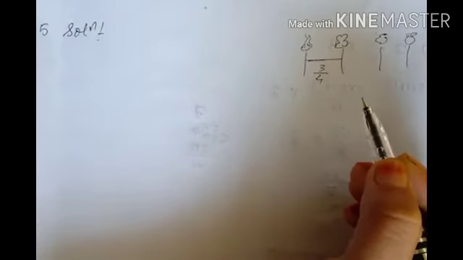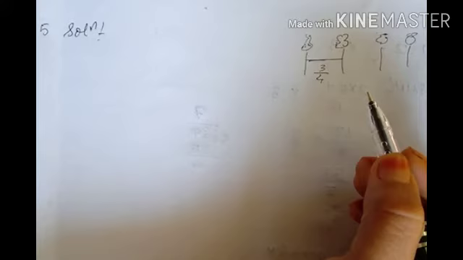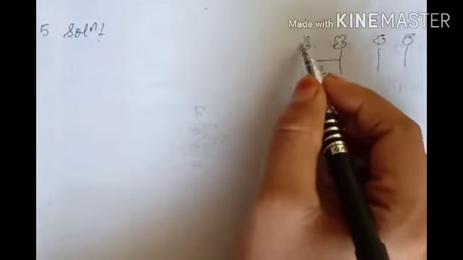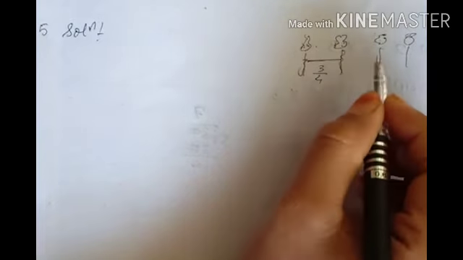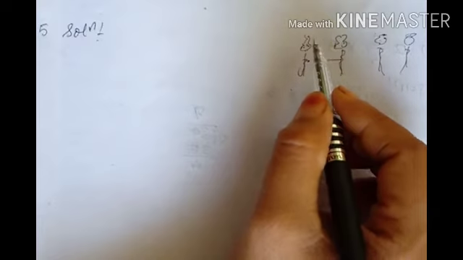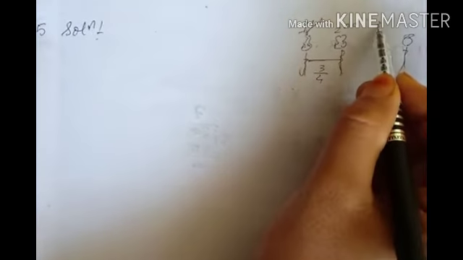Now you have to find the distance between the first and the last. There are 4 rows here: this is first, this is second, third, and this one is the last.